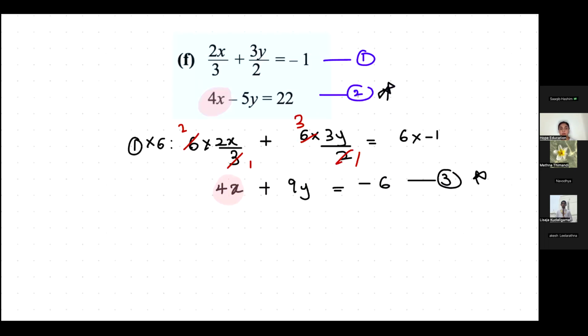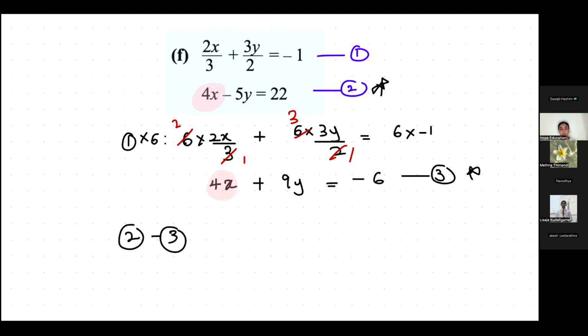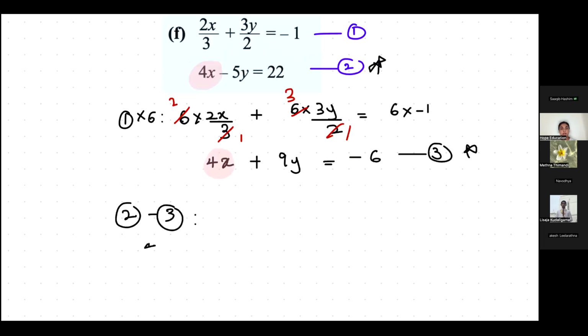So from equation number 2, I'm going to subtract equation number 3. Equation number 2 is 4x minus 5y, minus 4x plus 9y, equals here 22 minus 6.